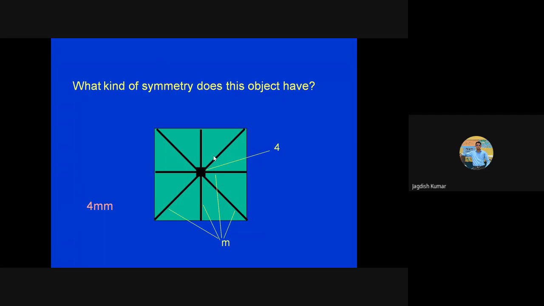One set of planes bisects the edges, and the other set of planes passes through the diagonals. So that is how we can represent the symmetry operations for a square. I hope you are able to get this idea.